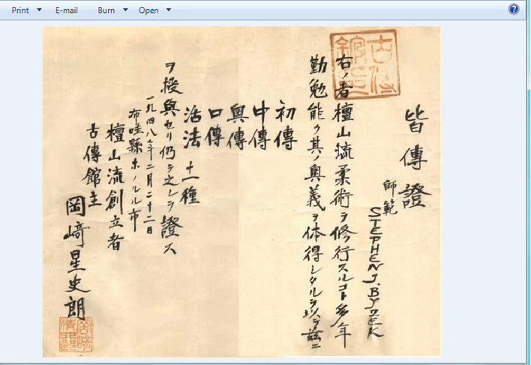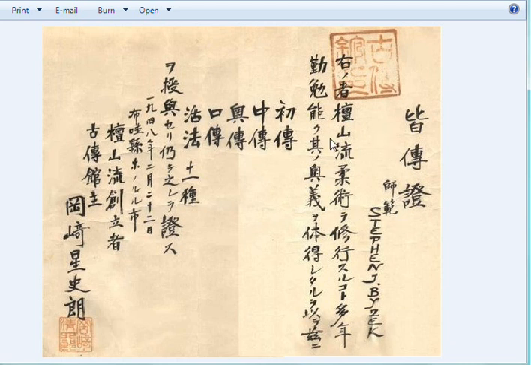And just as a point of information, this document and several of the other pertinent documents in Danzan-Ryu are fully translated in my book, Mokoroku and Kaiden Sho, that you can find on Danzan.com. But anyway, let's take a look at this.